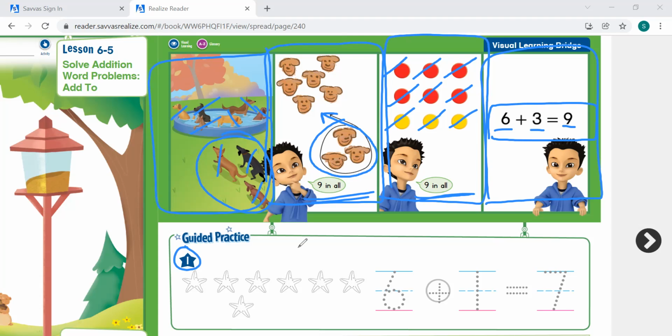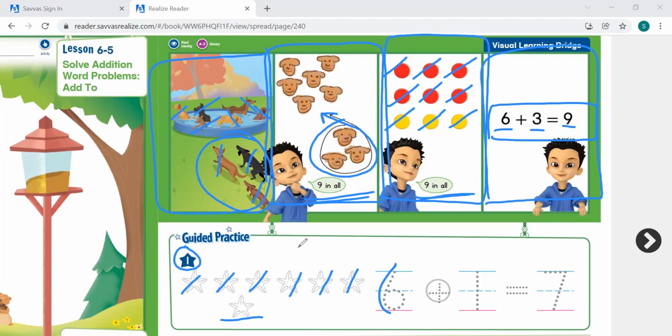All right, there are 6 sea stars on the beach. 1, 2, 3, 4, 5, 6. One more joins them. So we have this star joining them. How many sea stars are there in all? So we are going to write our equation.